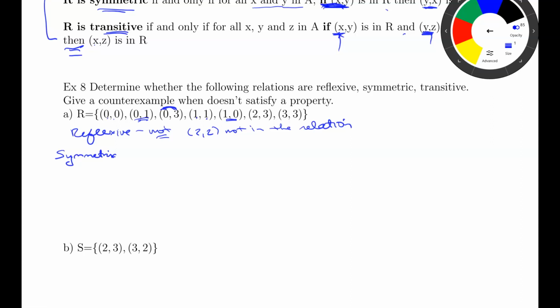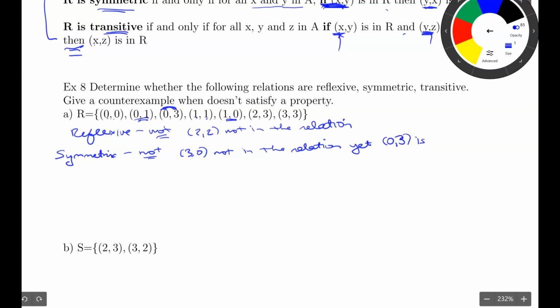I should see a 3, 0. Oh, it is not. So 3, 0 is not in the relation, yet 0, 3 is. So that means it's not symmetric, right? So if this, then this.